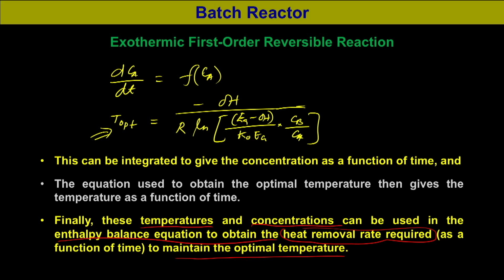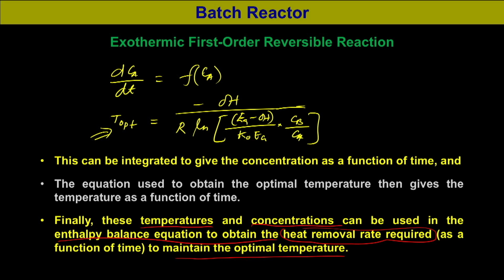So, this concentration versus time we need to incorporate into the relation, that is T optimum is equal to minus delta H by R ln minus EA minus delta H by K naught EA into CB by CA.